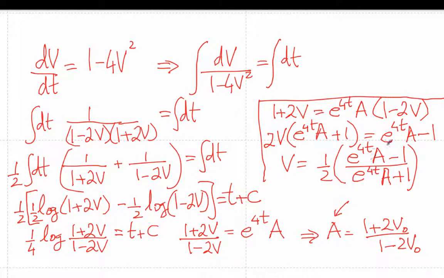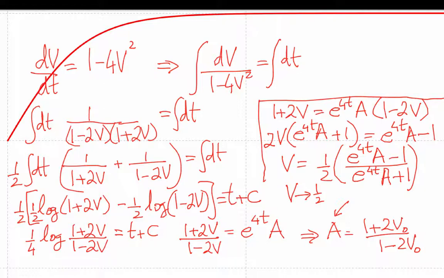And so forget about the 1, so this and this cancel, and so v will go to half as t becomes larger and larger. Now, here is the plot. So you see that the velocity increases as time goes on, and it levels off at v equal to a half. So in the limit as t goes to infinity, you have v of t tending to a half.